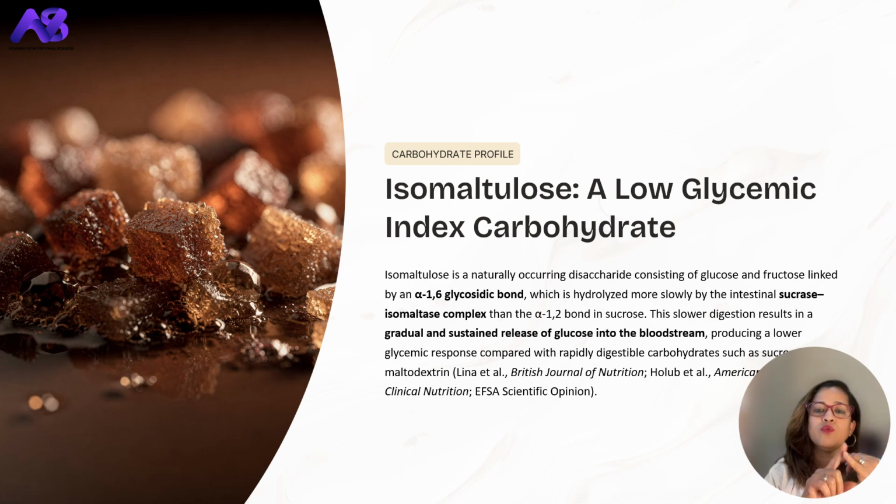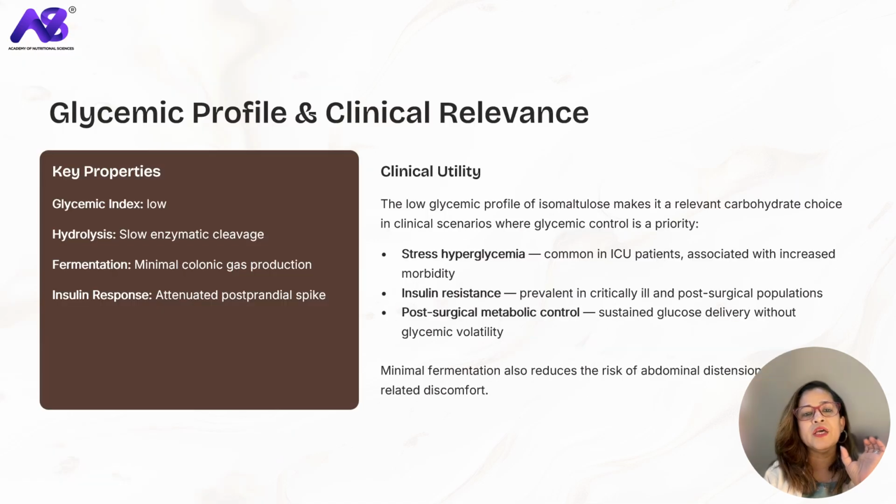It contains glucose and fructose linked by an alpha 1,6 bond. Now, the slower digestion results in a gradual, sustained release of glucose into the bloodstream, and therefore you can use these kinds of carbohydrates.